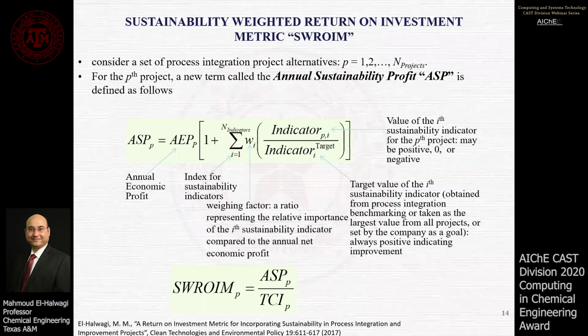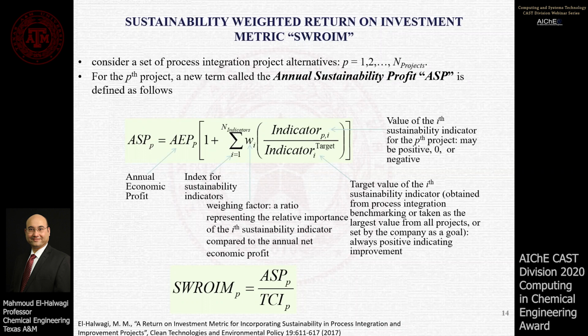For example, if we are in an area with very limited freshwater resources, then the company would assign a high value to the ratio WI. Or if in one year, reducing the carbon footprint is a major objective for a company, then that WI will also have to be high.